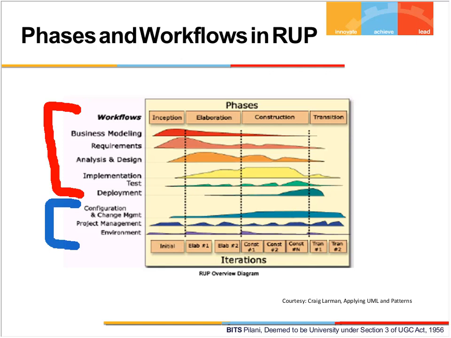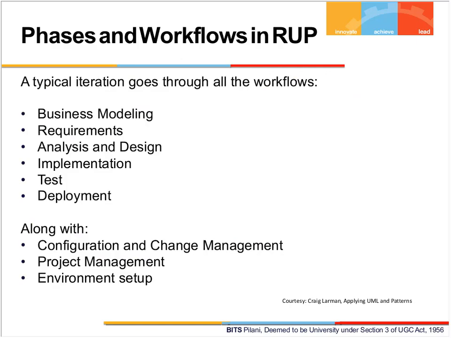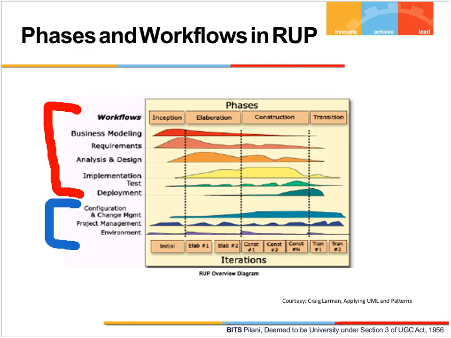So whether you are in the requirement phase or the construction phase, configuration management is essential to be executed, right? This I have in the next slide. So apart from the typical workflow activities, there are also activities like configuration and change management, project management, and environment setup, which are executed during the various phases of the unified process, right?